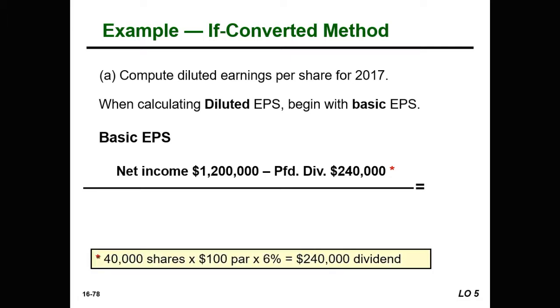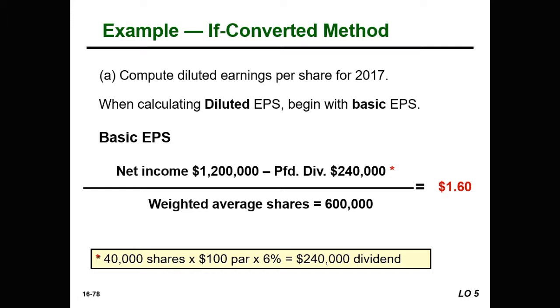That's calculated from 40,000 shares multiplied by $100 par multiplied by 6%, and that gives us the $240,000 preferred dividend. Remember that preferred stock is issued with a percentage of par, defining what that dividend is usually. We divide it by the weighted average shares of 600,000, and you should have basic EPS of $1.60.